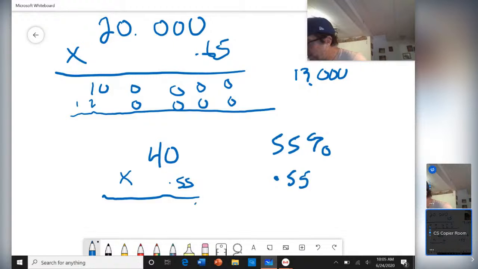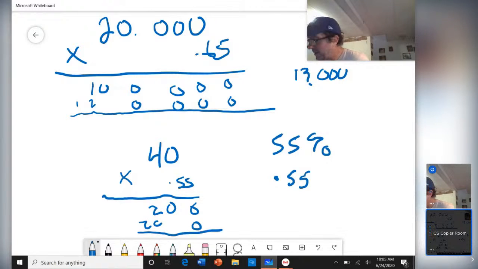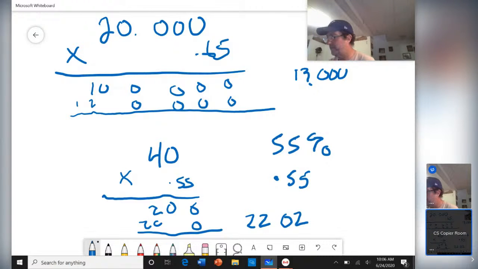And what you're going to get is 22. And it's saying how many ounces? So it's 22 ounces.